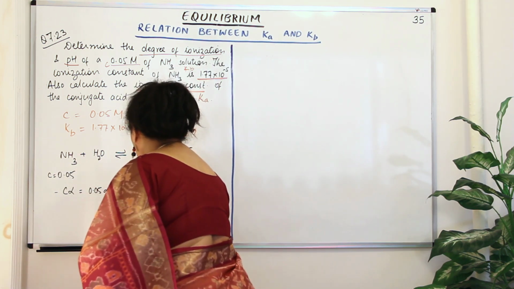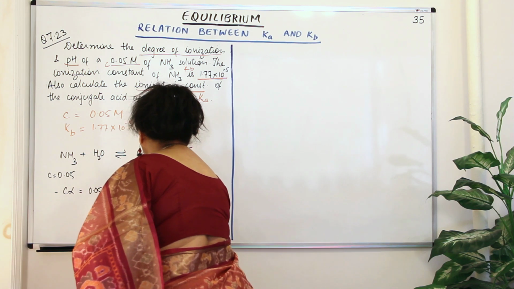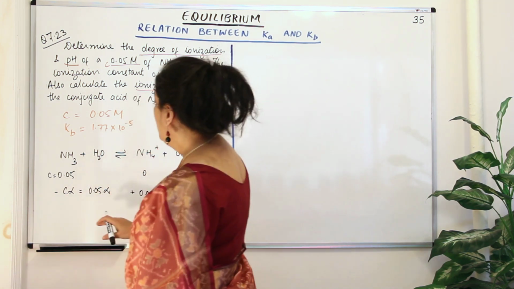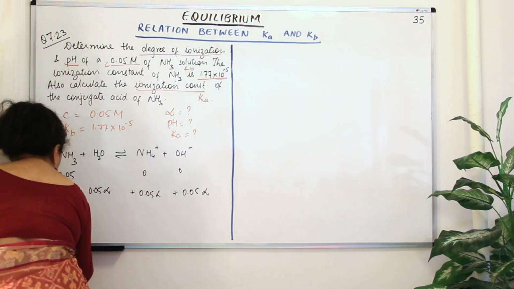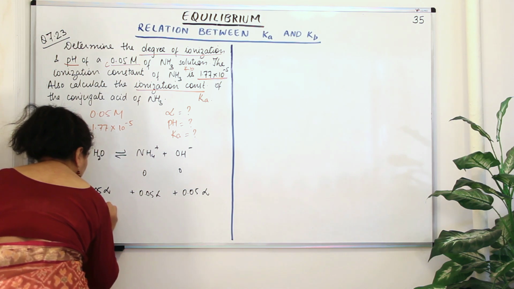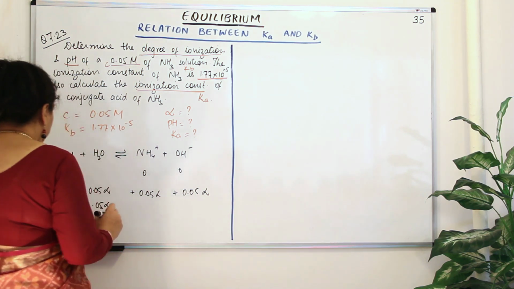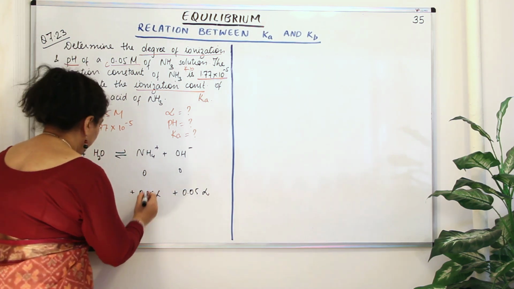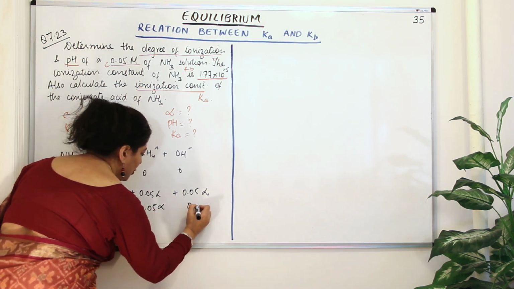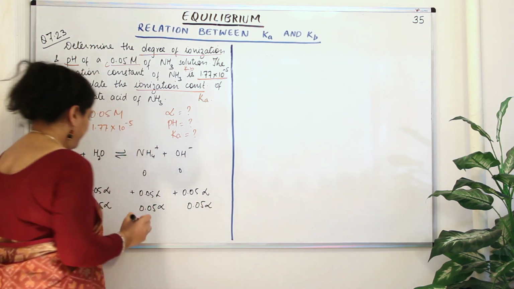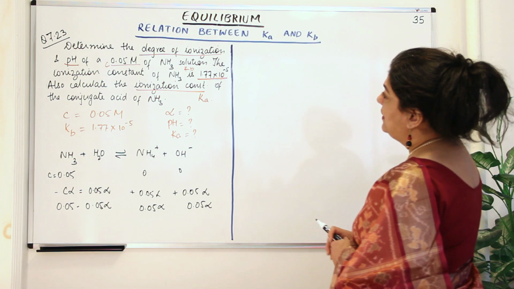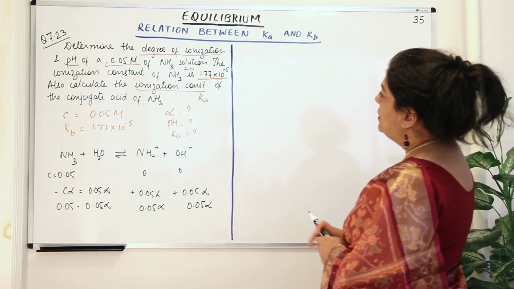And addition of C alpha would be 0.05 alpha for each product. So at equilibrium, what would the concentrations be? It would be 0.05 minus 0.05 alpha for ammonia, and this would be 0.05 alpha, and this is also 0.05 alpha. Right? So what is the first thing that is asked of us? You have to find out the degree of ionization.